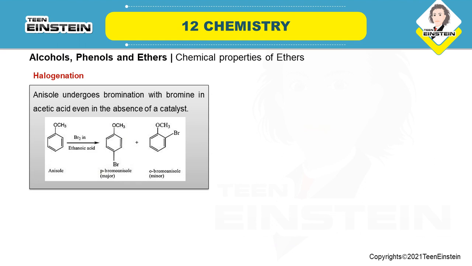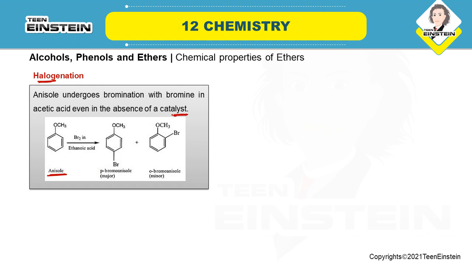Now we will see the reactions one by one under electrophilic aromatic substitution. When it is halogenation, anisole, which is basically methyl phenyl ether, undergoes bromination. Now you are using bromine as the halogen, so that is why we are calling it bromination, with bromine in the presence of acetic acid and absence of catalyst.